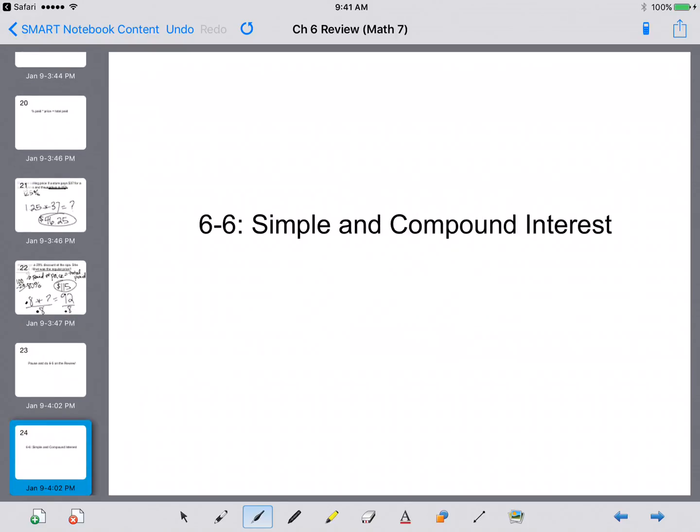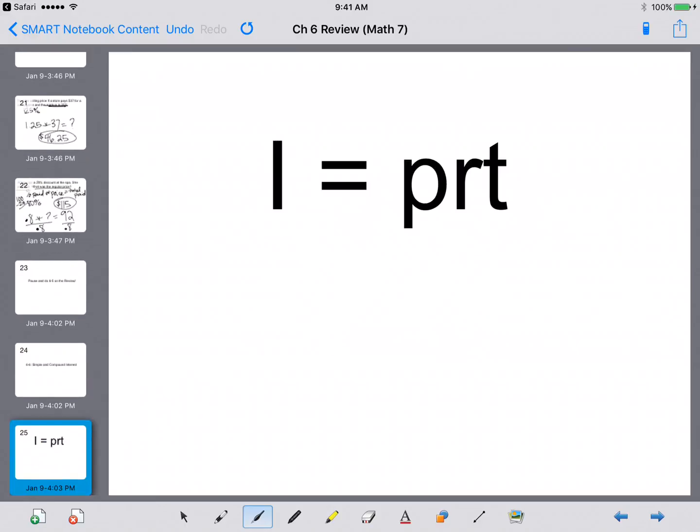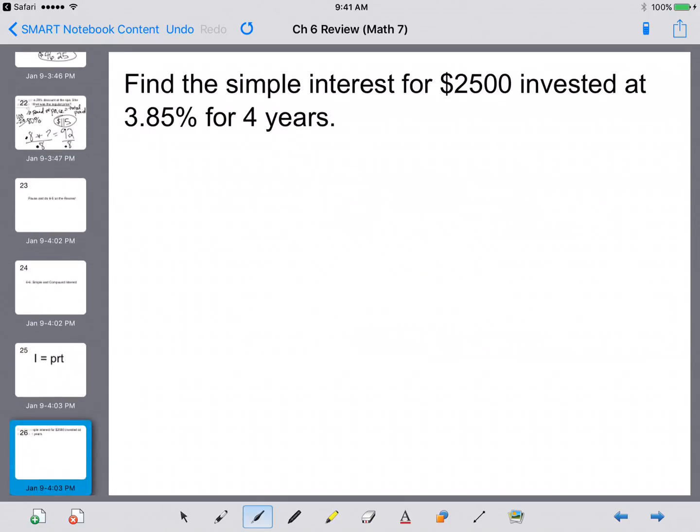Finally, here we have 6 simple and compound interest. Our equation for this is IPRT, as Eli likes to call it. So I for interest equals principal times rate times time. So we want to find the simple interest for $2,500 invested at 3.85% for 4 years. So we've got our IPRT.